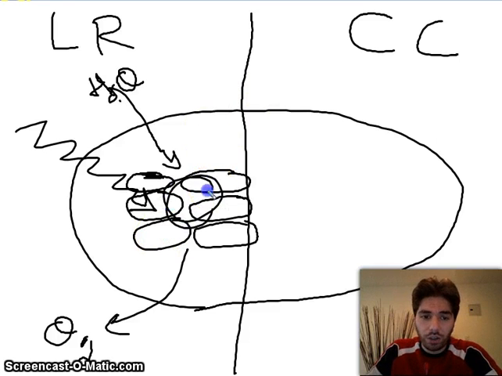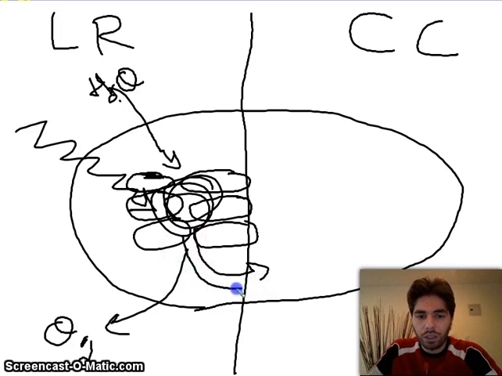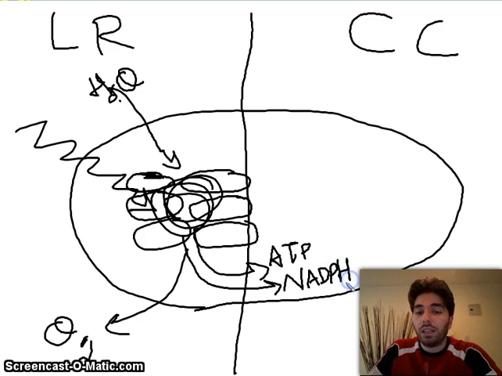The light reaction occurs to give two important molecules for the Calvin cycle. These important molecules will be the ATP, which is the energy molecule that you all know, and the NADPH. The NADPH is a molecule that is called an electron carrier.